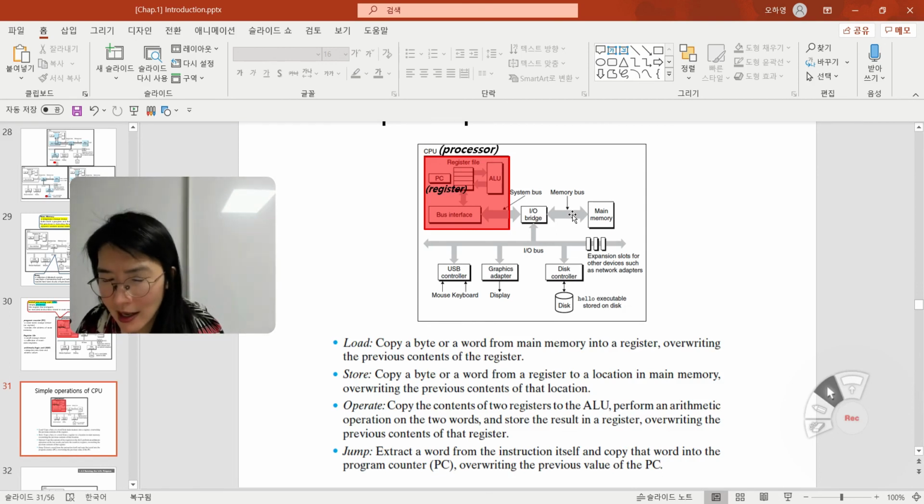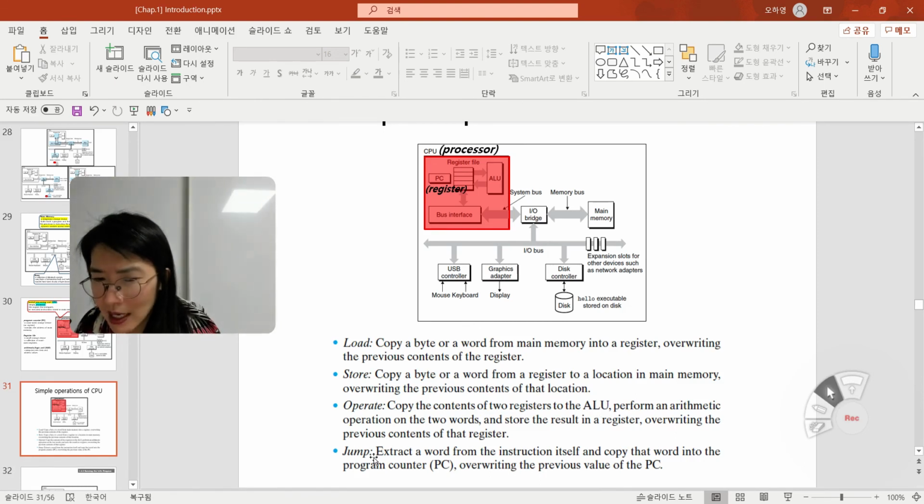All right, and what is the operation? Operation is the copy of the contents of 2 registers to the ALU, performing an arithmetic operation on the 2 words, and storing the result in a register, overriding the previous contents of that register. Okay? So operation is related to the ALU concept. And what is jump?